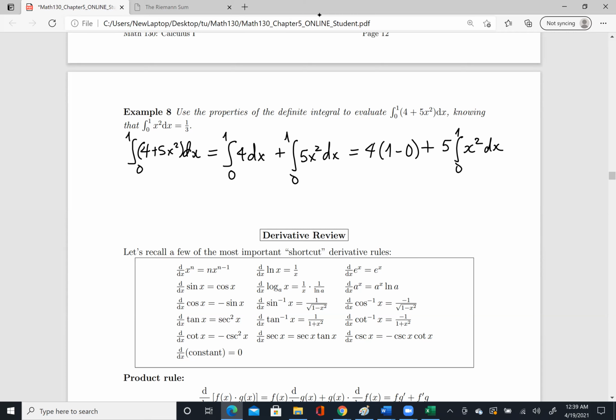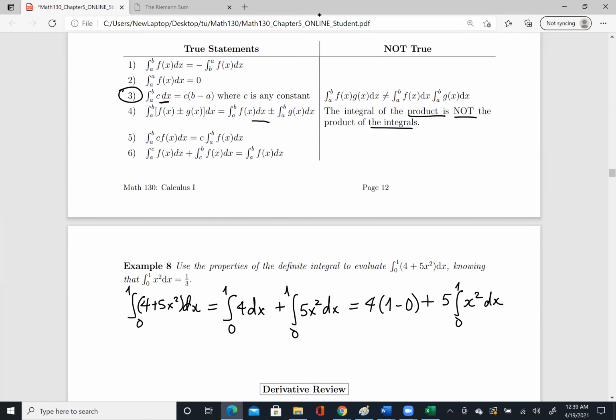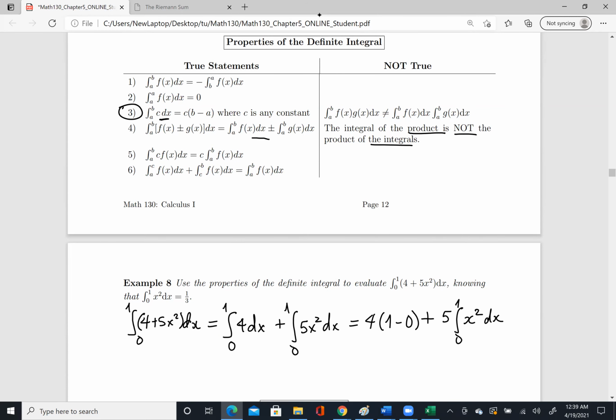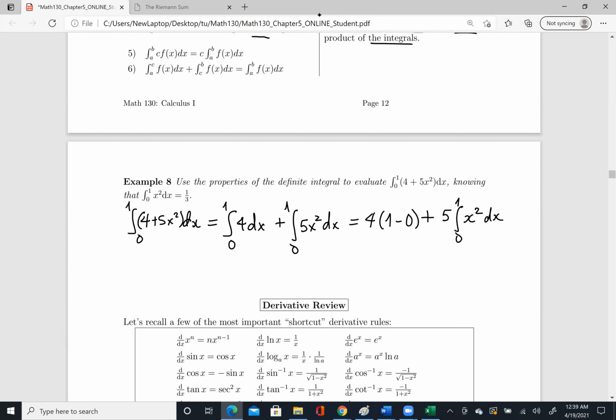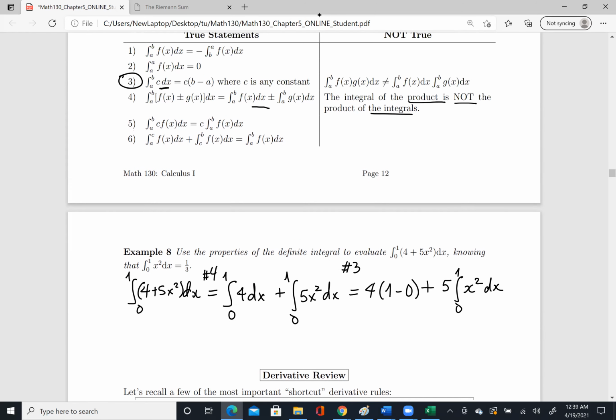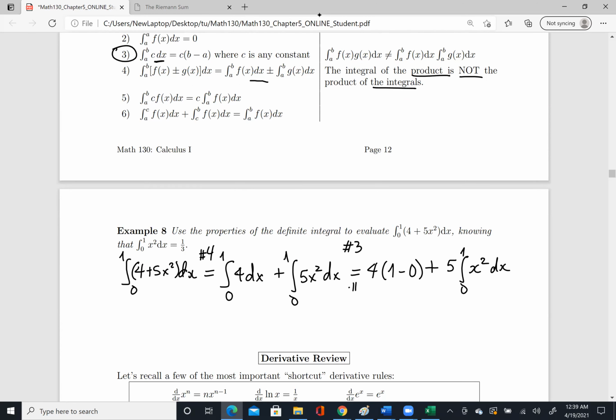Okay, now maybe I have to write it as number 4, apply number 4 here, and I'm going to say apply number 3 and number 5 to get to this step.